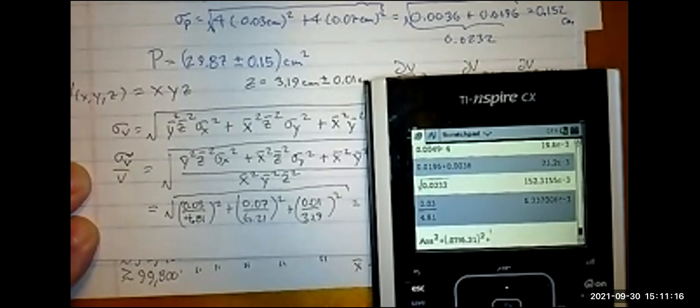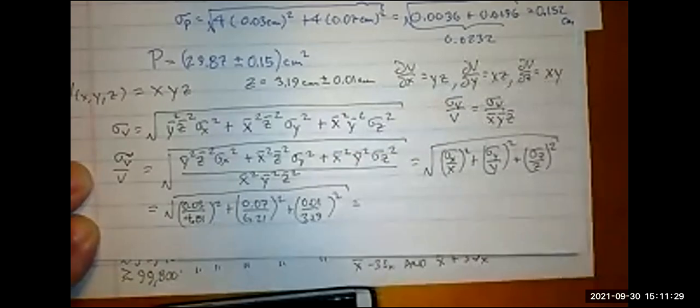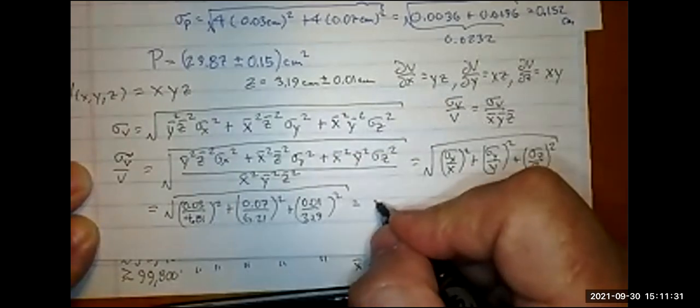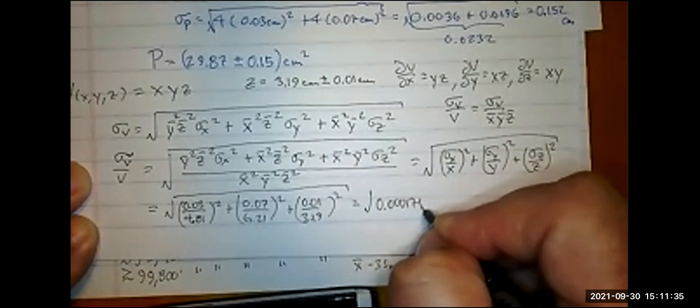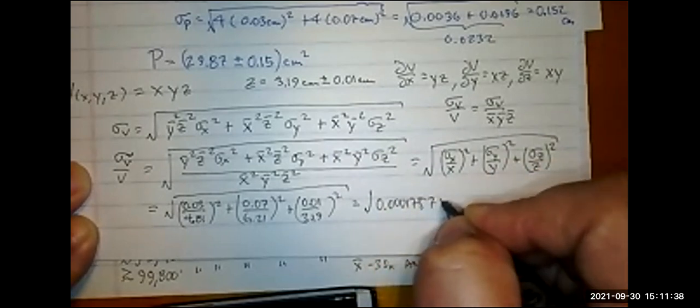And I'm going to say plus parentheses 0.01 divided by 3.19. I'm going to square that. And I'm going to get square root of 0.000175788.